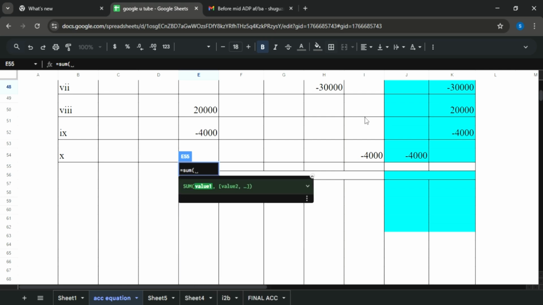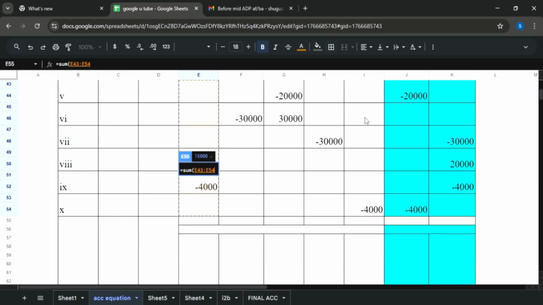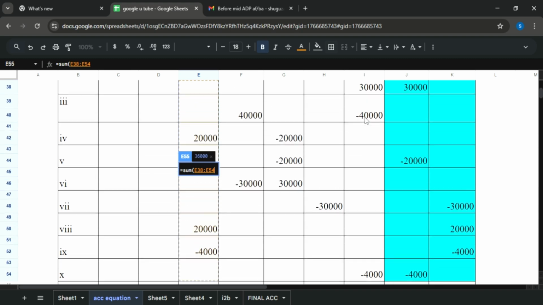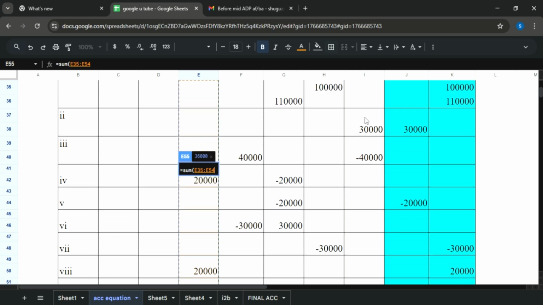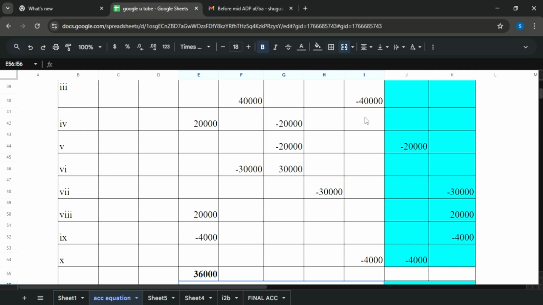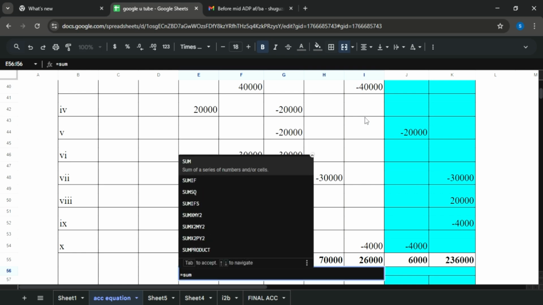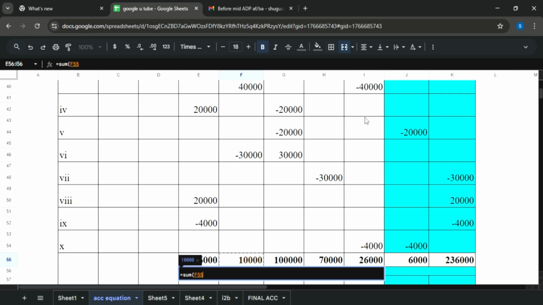present at this stage, like 4,000, 20,000, 20,000, okay, and that's all. So this is the sum of the bank column. In a similar way, I will take the sum of all amounts present over here. And finally, the next step is to take the sum of all sums of columns.